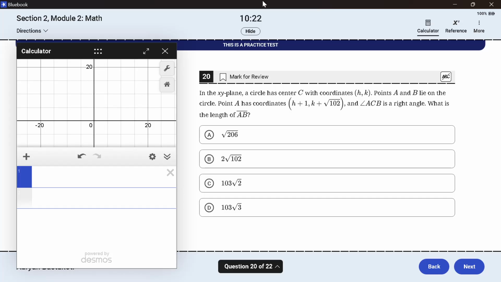If we were to draw it, please try to listen carefully. The center is h, k, right? And if we consider h, k to be, for example, 0, 0, then position A would be 1, root 102.